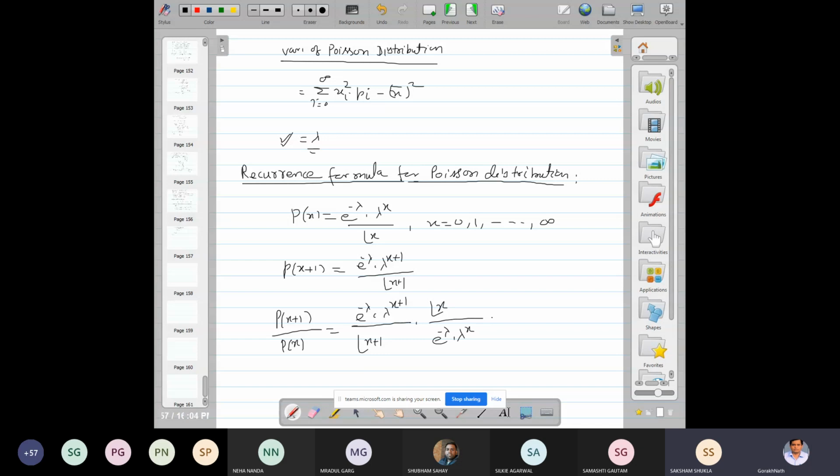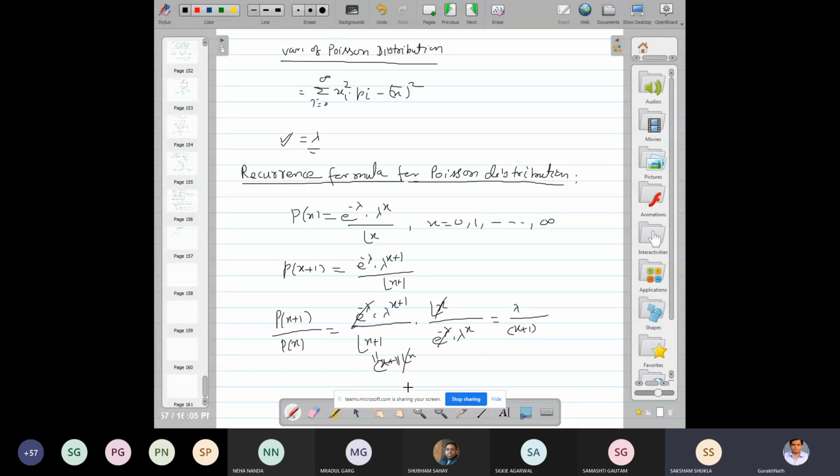Here factorial x plus 1 is x plus 1 into factorial x, so this cancels out and e to power minus lambda cancels out, and lambda to power x plus 1 over lambda to power x gives lambda upon x plus 1.